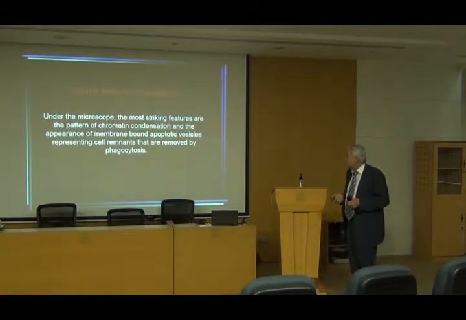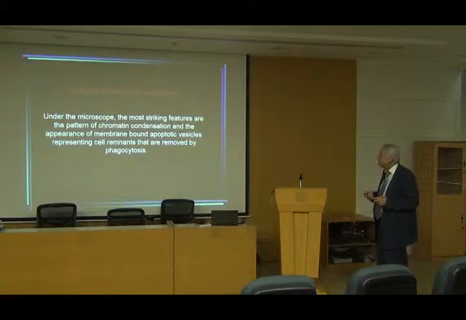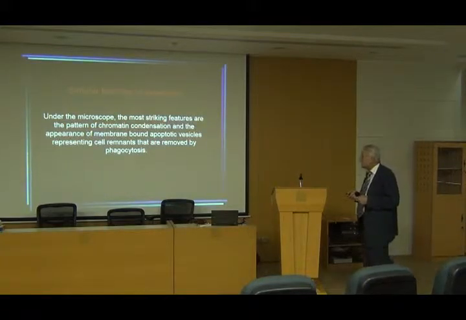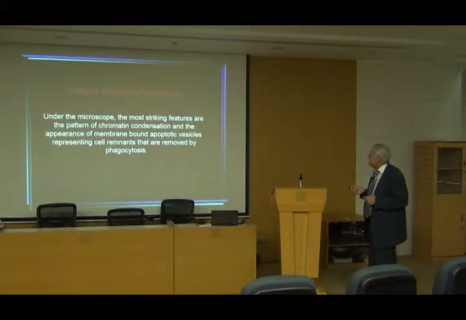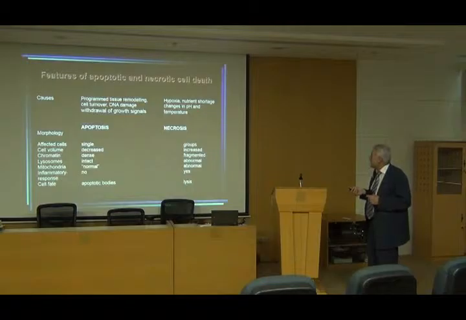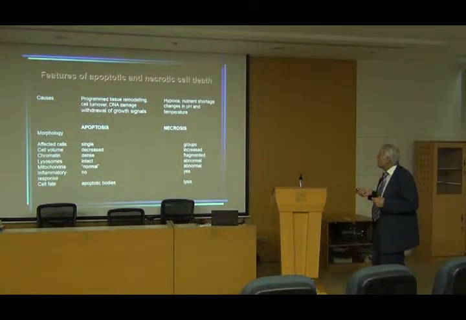Under the microscope, the most striking features are the pattern of chromatin condensation and the appearance of membrane-bound apoptotic vesicles representing cell remnants that are removed by phagocytosis. And the features of apoptotic and necrotic cell death: the morphology in apoptosis.